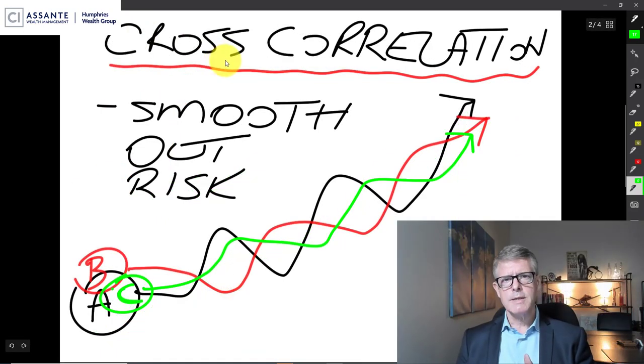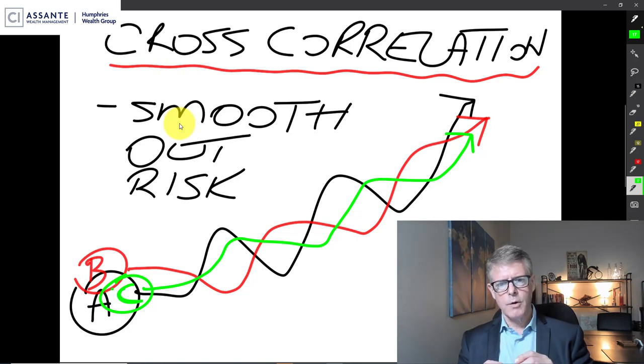So one of the concepts in the investment business is a concept referred to as cross-correlation or negative correlation. The basic idea of cross-correlation is to try to smooth out the pattern of return. We're trying to reduce risk while at the same time trying to achieve those long-term returns that we're shooting for. So portfolio managers and asset managers have developed models that integrate a mix of investments to hit a goal return.